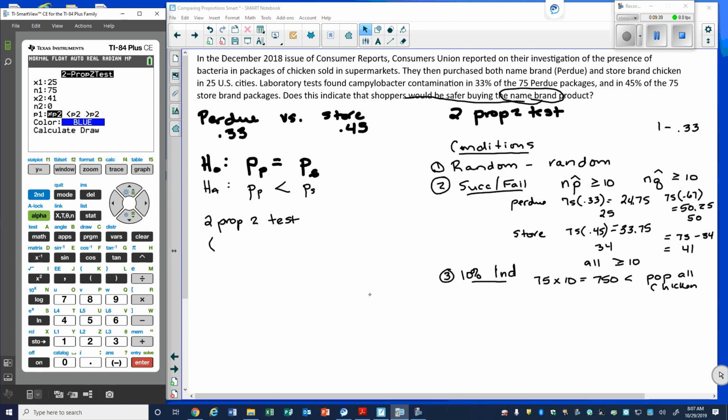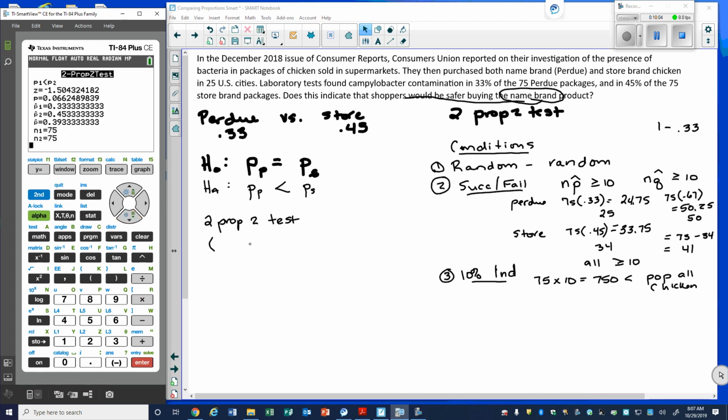So from the store-bought, I had 34 packages that were contaminated out of a sample size of 75. And I need to include also which alternative hypothesis I chose. And in this case, I chose the less than. So we're going to highlight the second option. And then we're going to calculate our test.